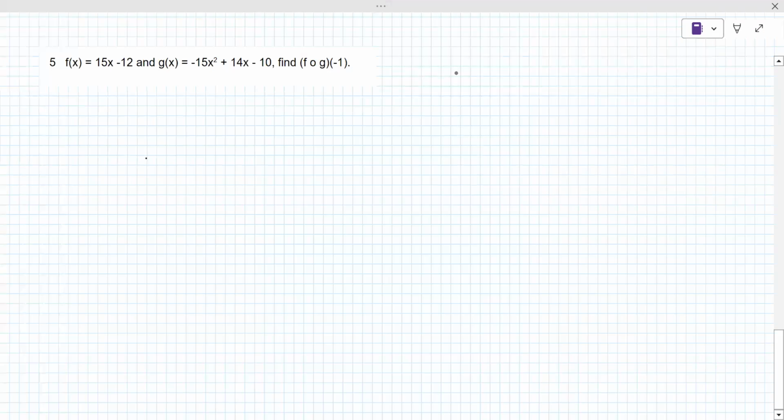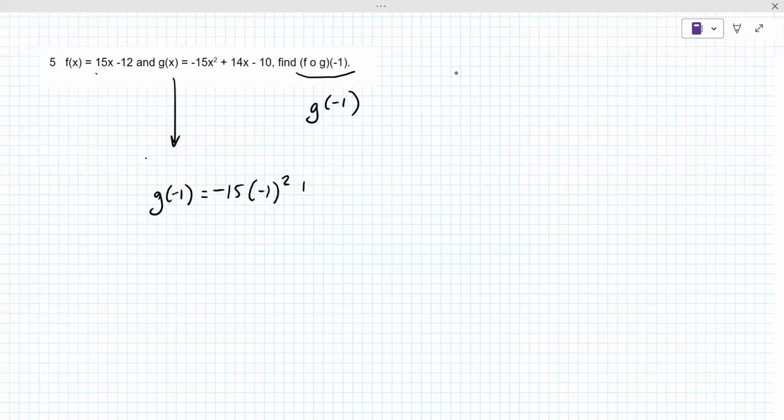We've got 15x minus 12 for f of x, and g of x is minus 15x squared plus 14x minus 10. Find f of g of -1. That means we're first going to find g of -1. So we're going to use this function here, g of -1. Wherever you see an x, you put in -1.